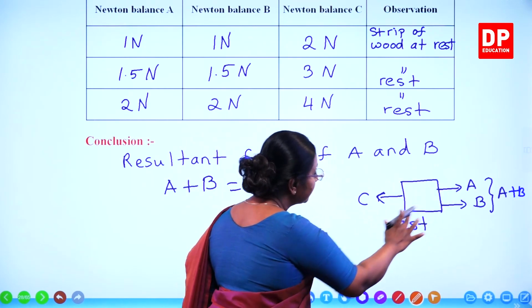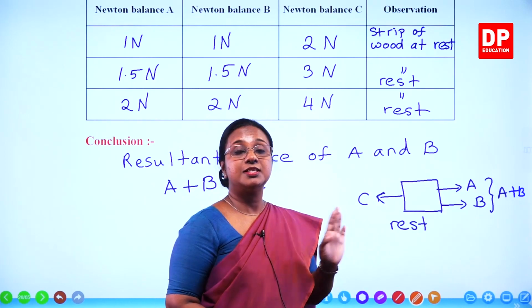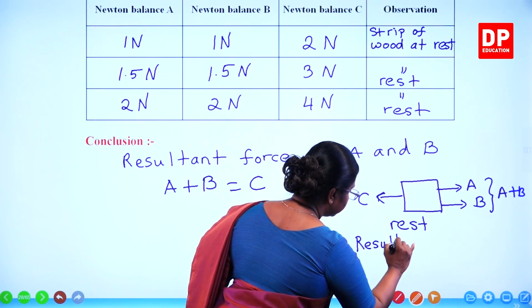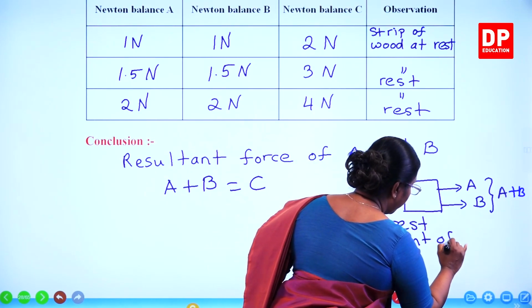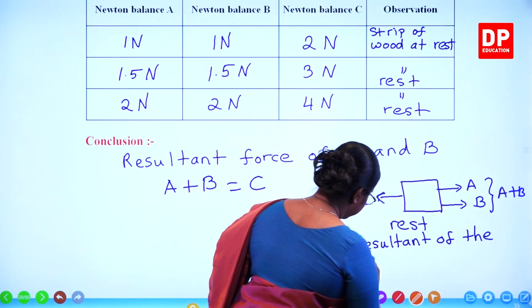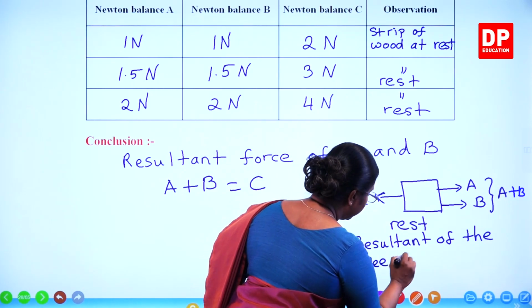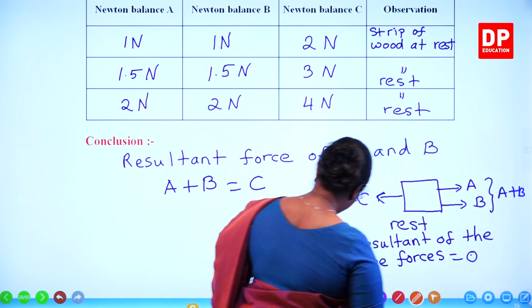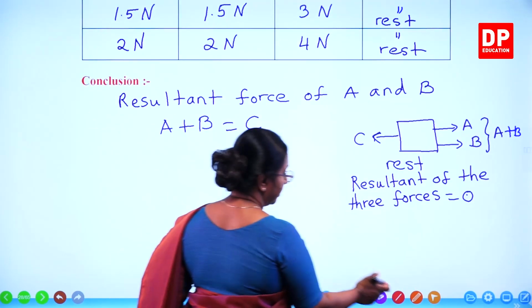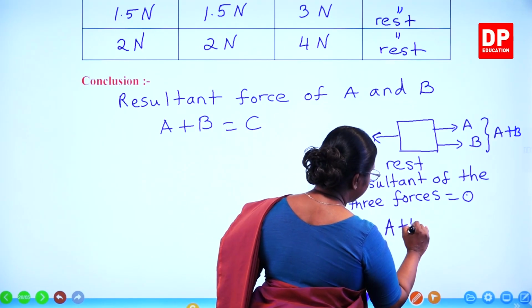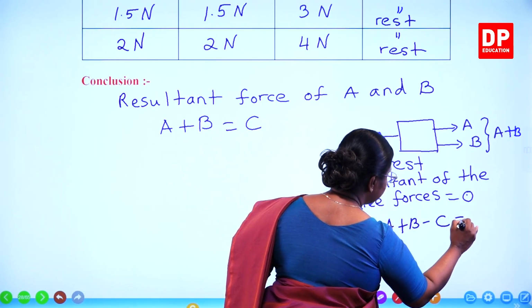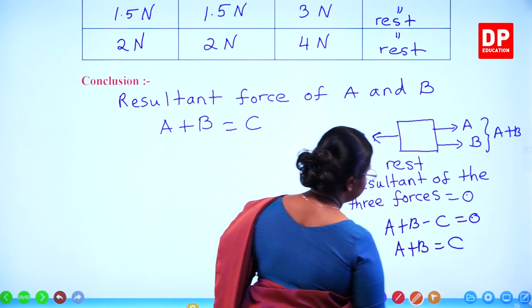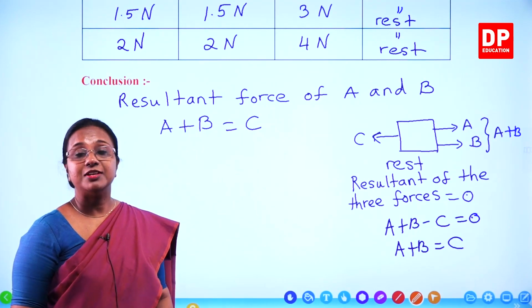So that means the resultant of all three forces is 0. From that we get the relationship A plus B minus C equals 0. Therefore, A plus B equals C.